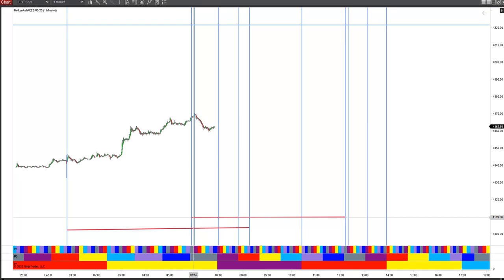So that gives us the projections for today, and that's how this pH indicator works. For more information on that, you can refer to the prior videos.